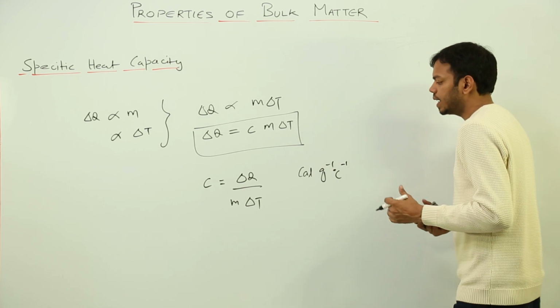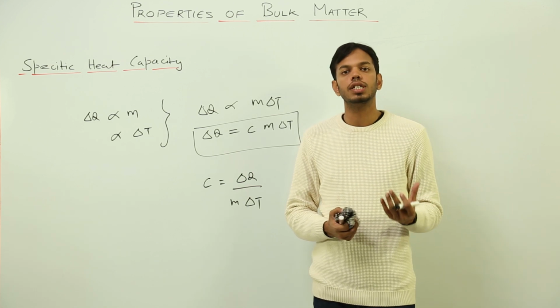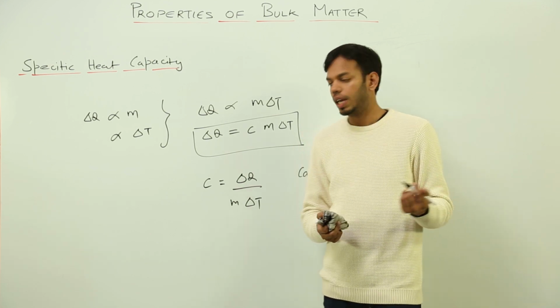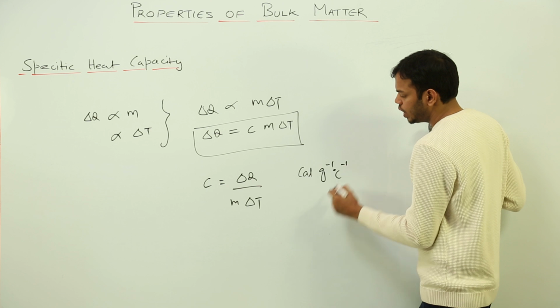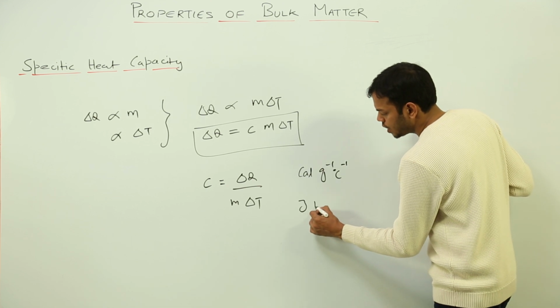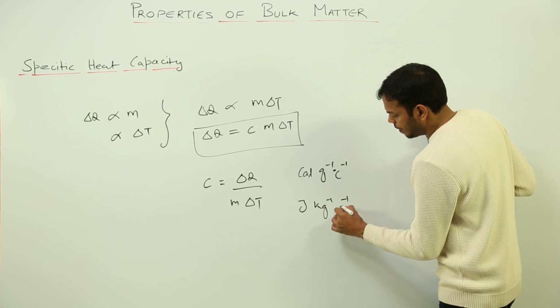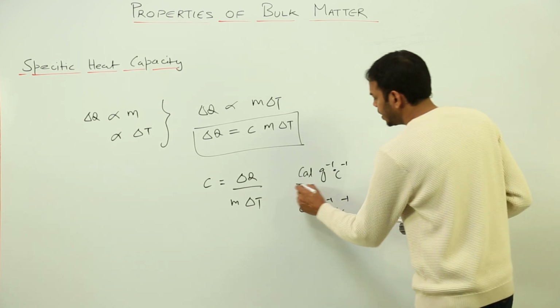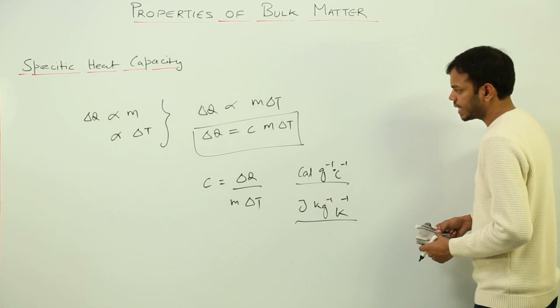And since there is no numerical change when we change from Celsius to Kelvin, this would be the CGS unit, and the SI unit would be joules per kg per Kelvin, right? These are the units in the CGS and SI systems.